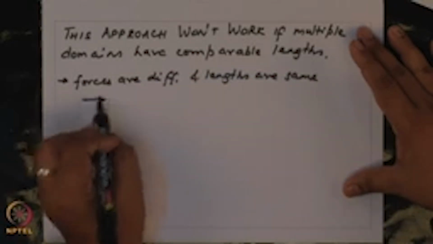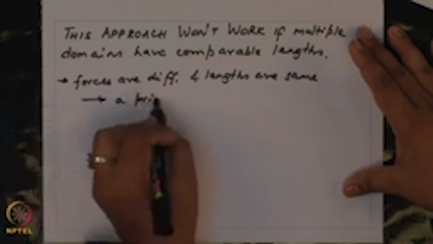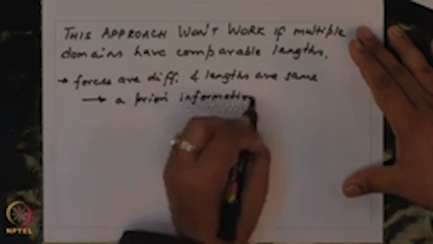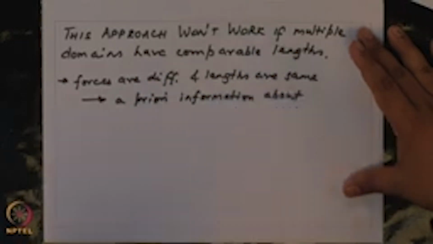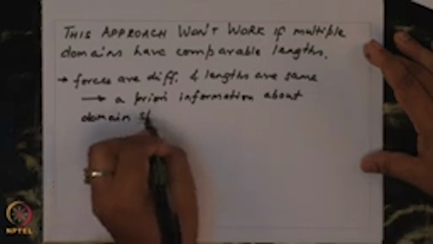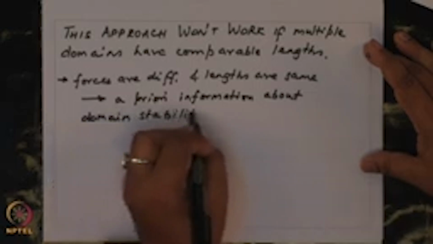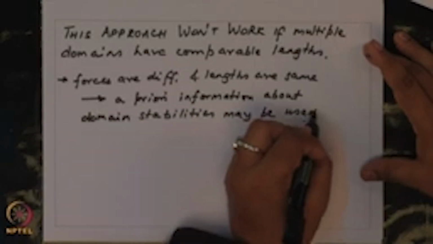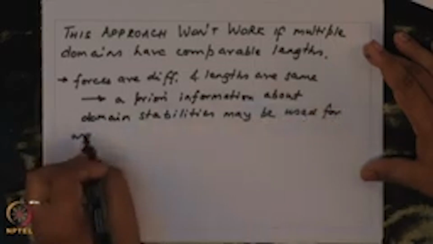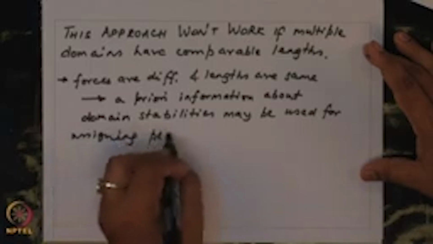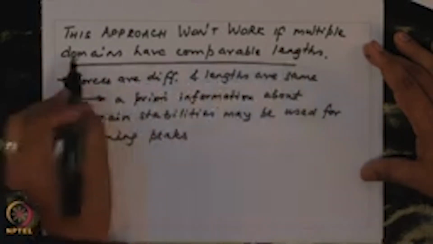If you knew a priori information about domain stabilities, it may be used for assigning peaks. But clearly this approach will not work if you have multiple domains which have comparable lengths.